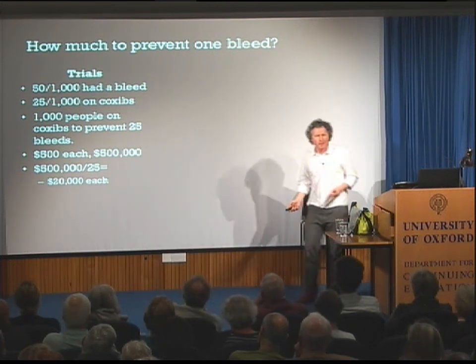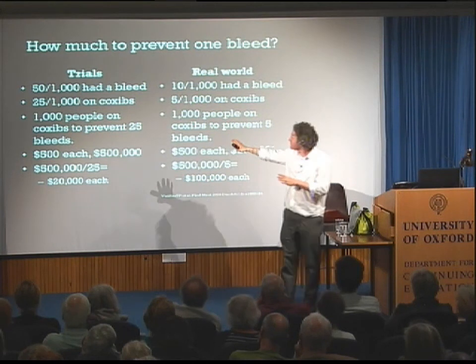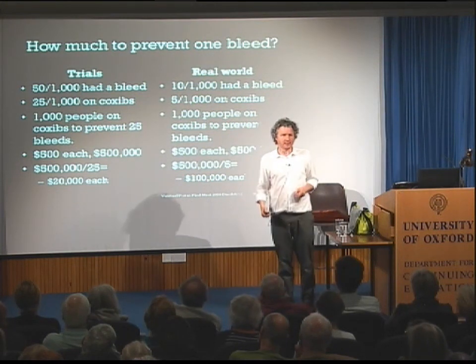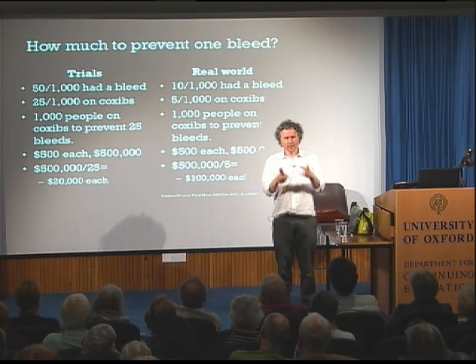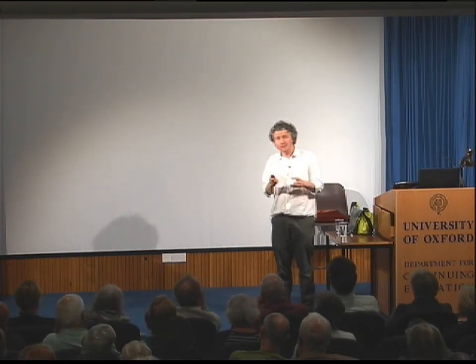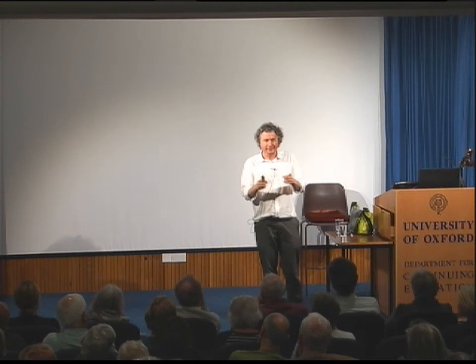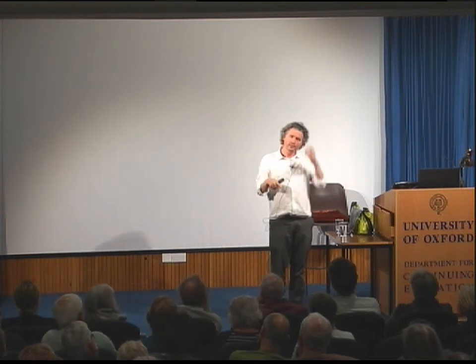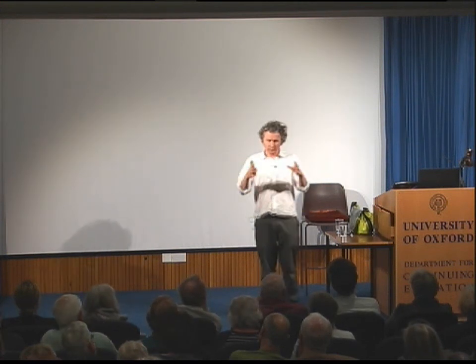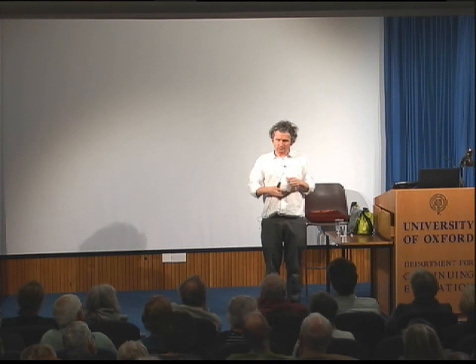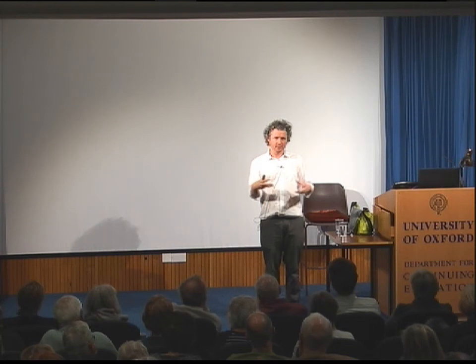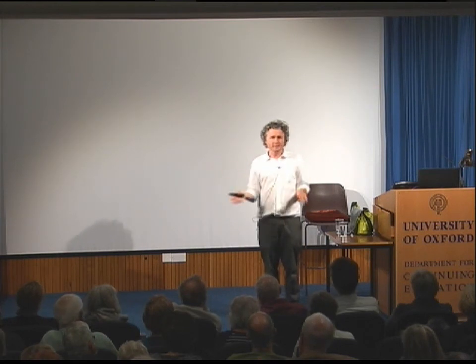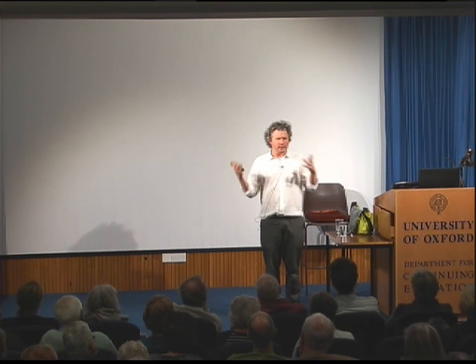But the patients in trials were much more likely to have bleeds. And that's because if you're doing a trial where you're trying to prevent bleeds, stop looking at the slides and listen, this is difficult, you want to do it in as small a number of participants as possible, because every extra participant you add to your trial will cost you $10,000, maybe $20,000. So you want to keep the numbers down.